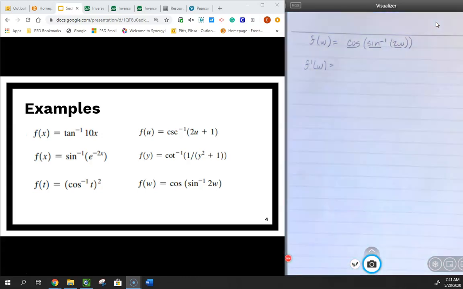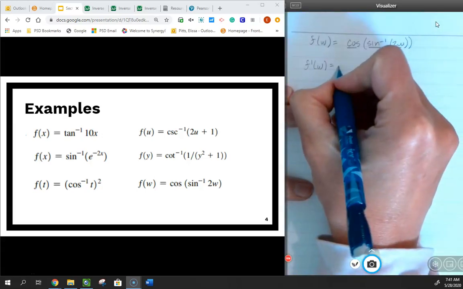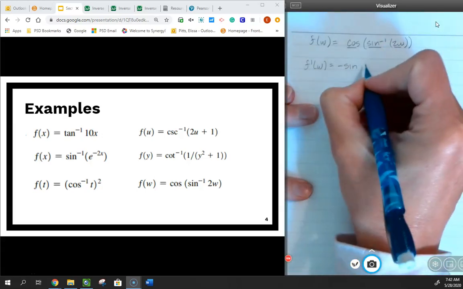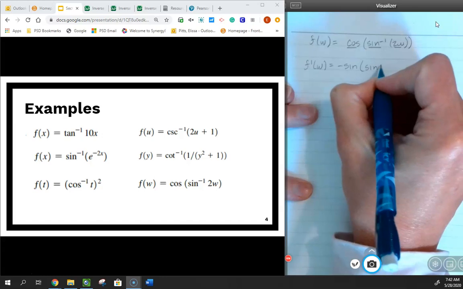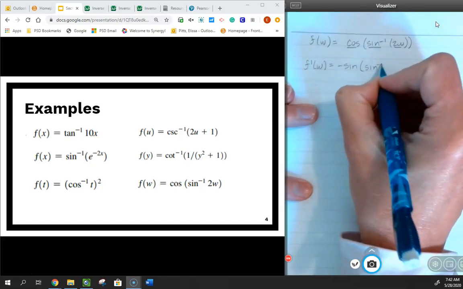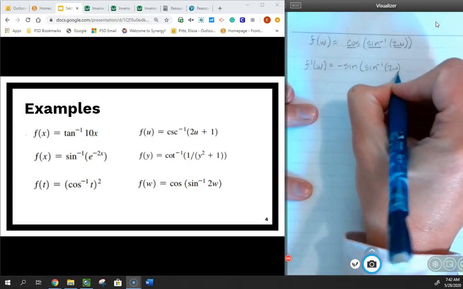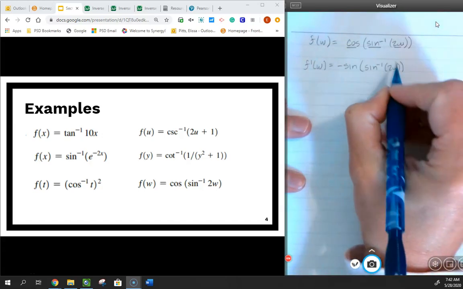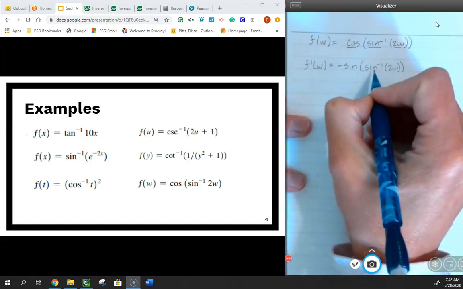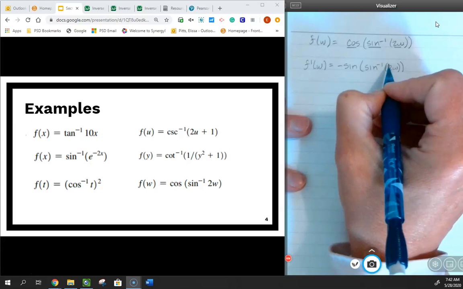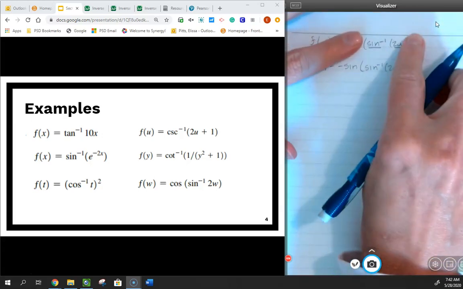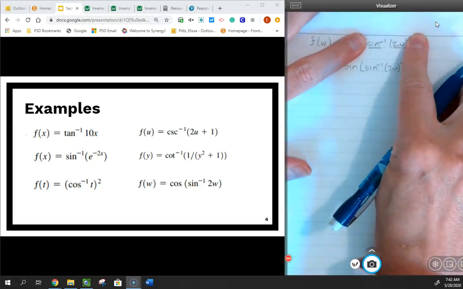Start on the outside. Derivative of cosine is negative sine. Leave the inside alone, which is the inverse sine. So I took the derivative of the outside, left the inside alone. Now I need to multiply times the derivative of the inside.